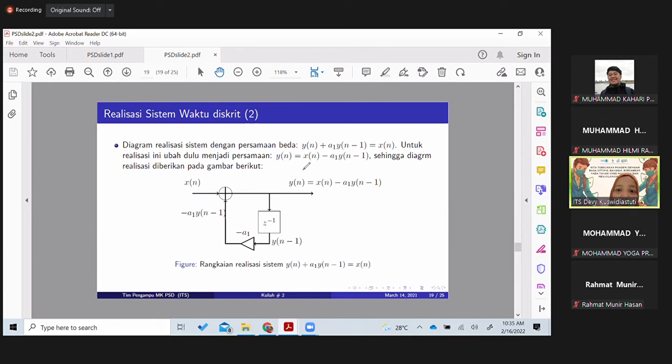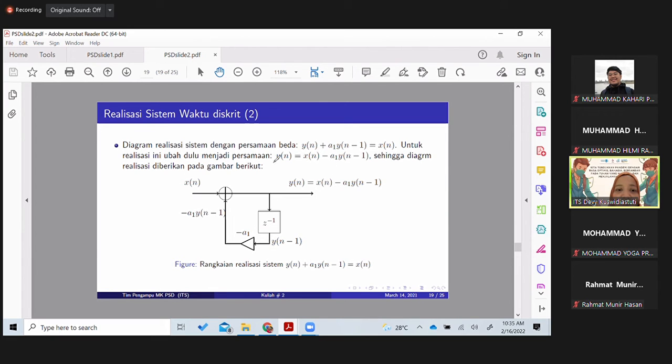In this case, the output of the system depends not only on the input, but also on the previous output. So there will be a feedback from the output, which is fed to the input of the system.